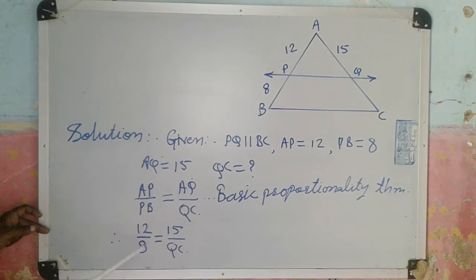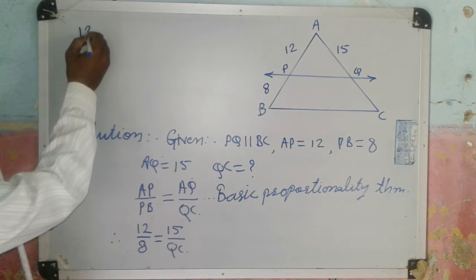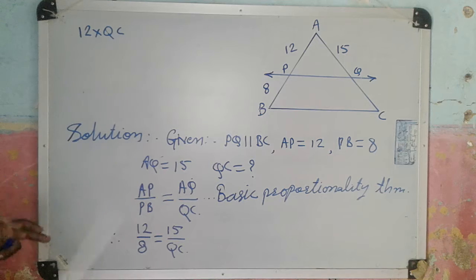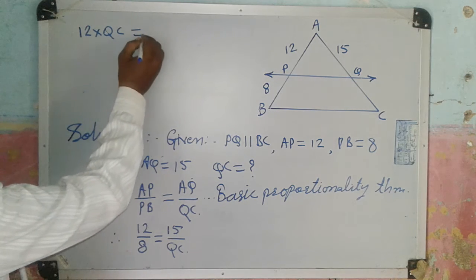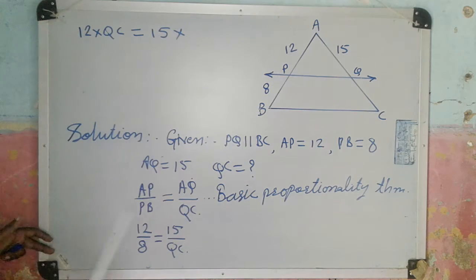So here we get 12 upon 8 is equal to 15 upon QC. So by cross multiplication, 12 into QC is equal to 15 into 8.